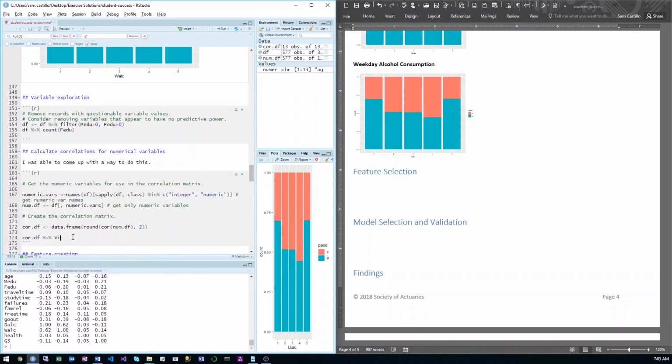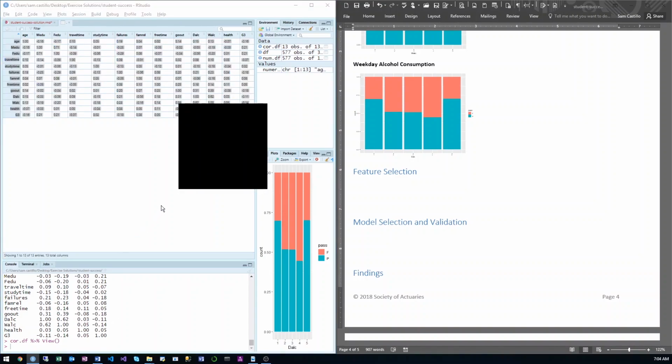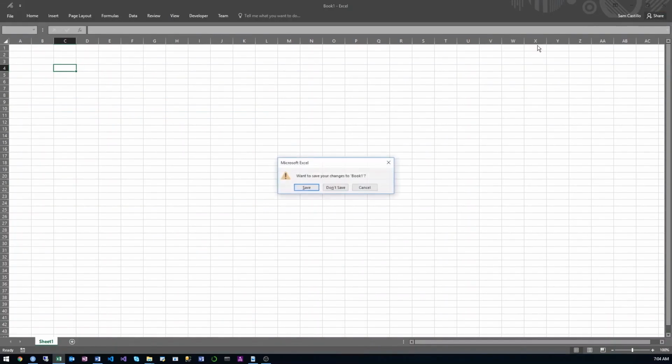Let's view this. Okay, so age. On the diagonal, you can see that the correlation is 1 because each variable is correlated with itself. If we want to, we could throw this into Excel quickly for a better picture. Oh, okay, maybe not.